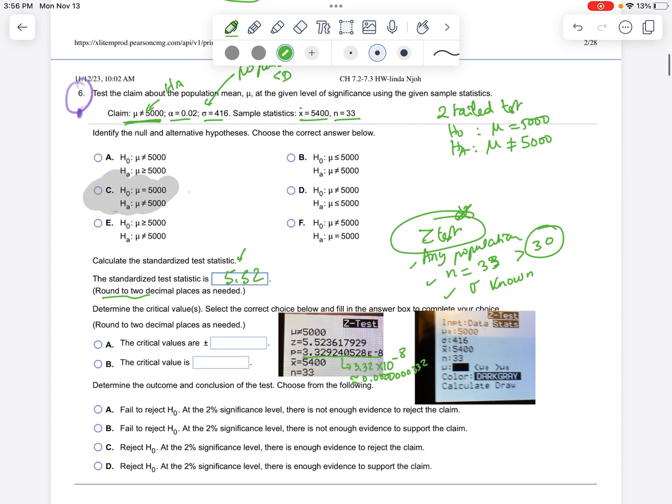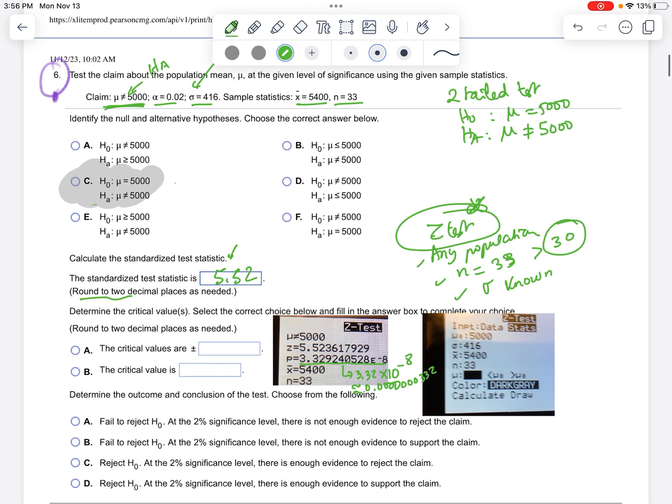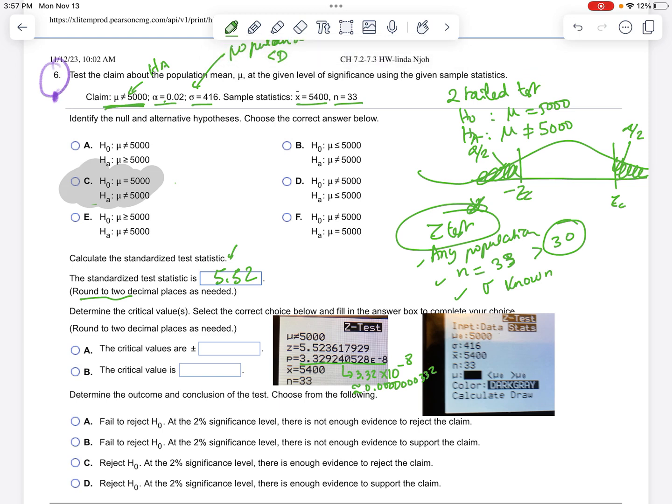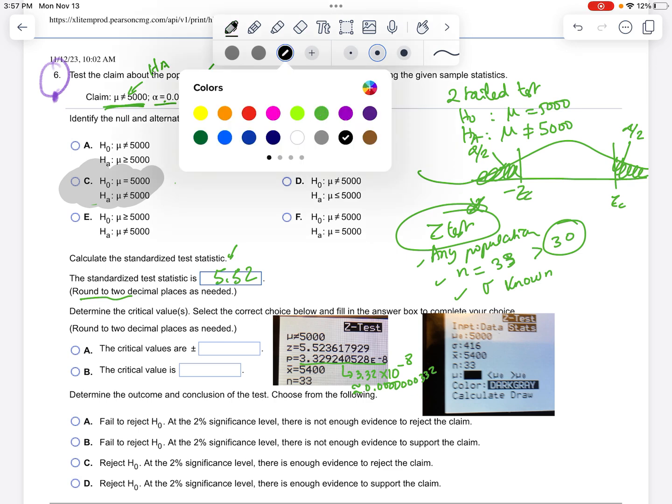Your critical values. Now this is a two-tailed test, isn't it? Alpha is 0.02. So this is going to be alpha over 2, 0.02 divided by 2, that's 0.01 in each tail.